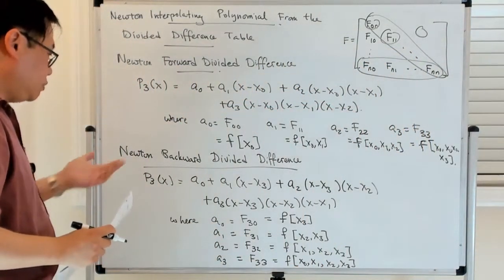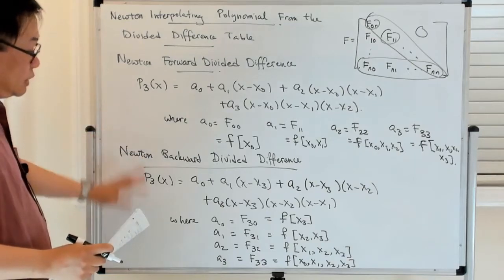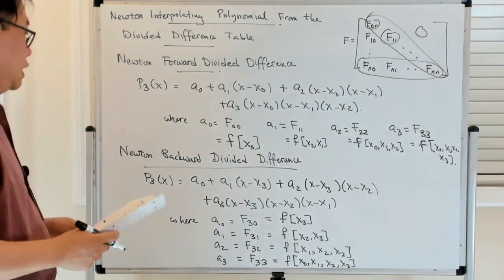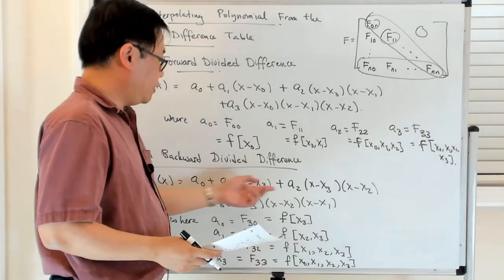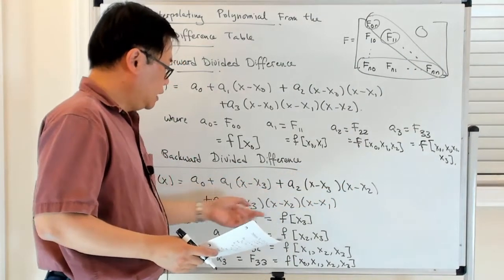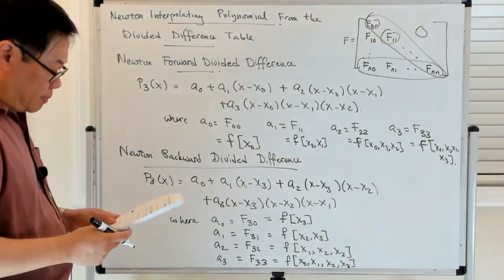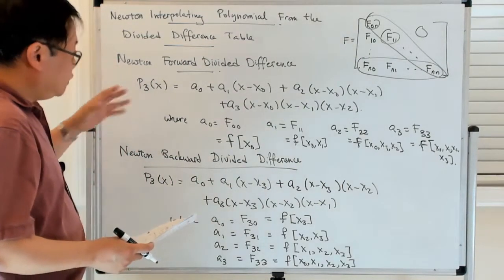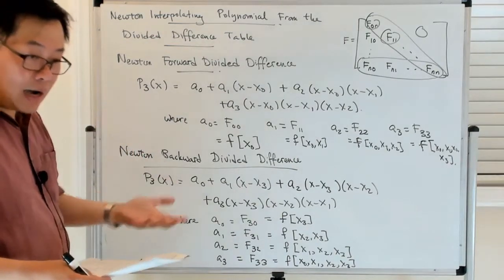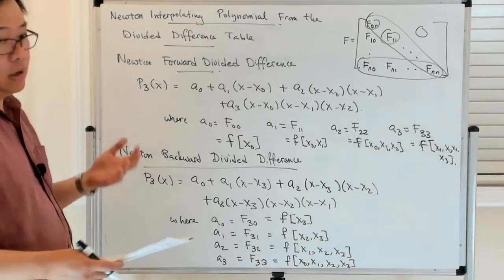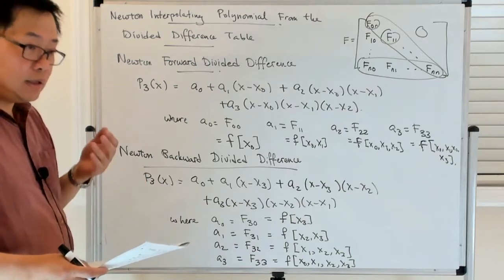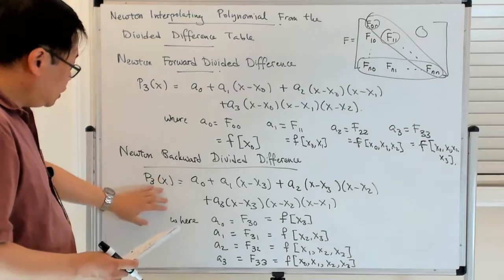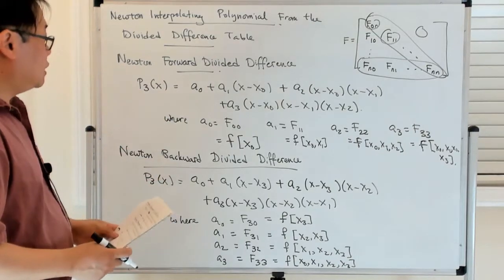But it's important to realize that this is essentially just a different representation of the same interpolating polynomial. You may have a particular reason to prefer one form over the other; that's application dependent. The reason I say the Lagrange form or the Newton form is that the interpolating polynomial itself is unique, but its representation may differ.